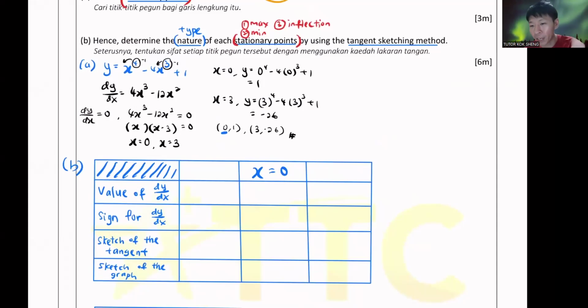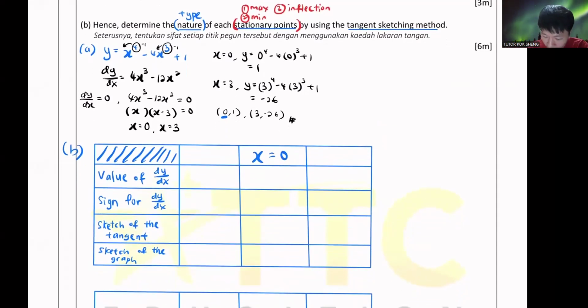But of course, don't make it too far away. So I make it x equals -1. This one x equals 1. Which means for the next table, the 3, similar. You have to put 3 in the middle, and for the other two, less than 3 and more than 3.